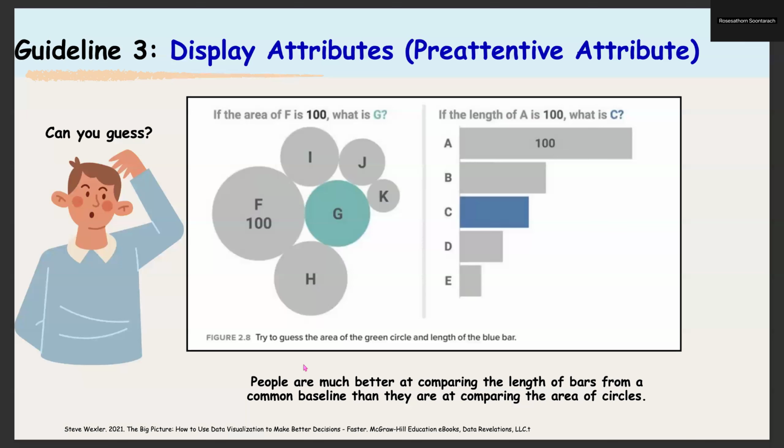And can you guess, if the area of F is 100, what about G? And if the length of A is 100, what about C? People are much better at comparing the length of bars from a common baseline than they are at comparing the area of circles.